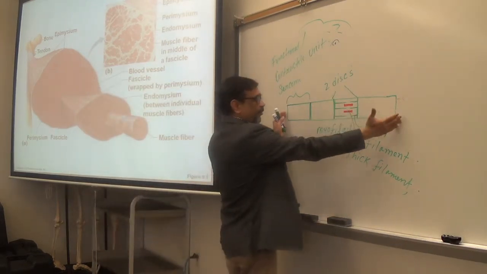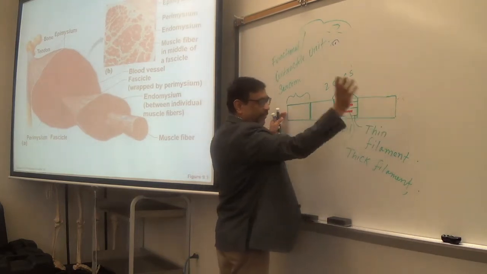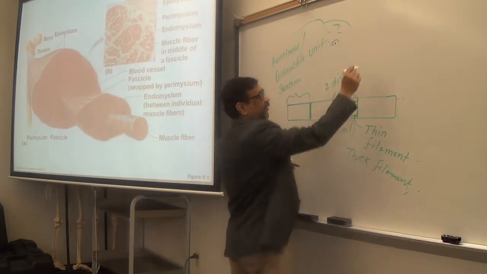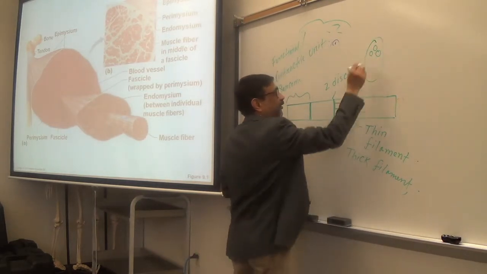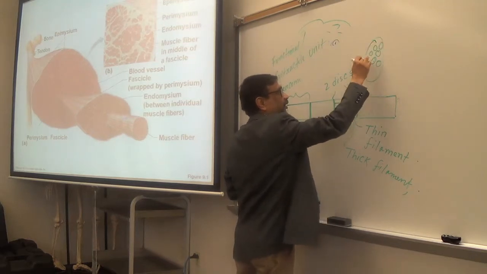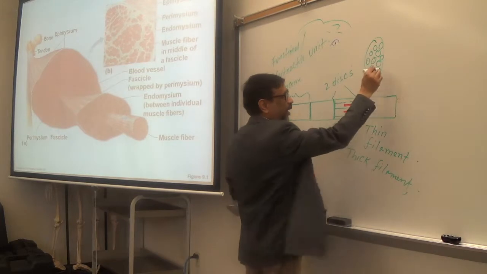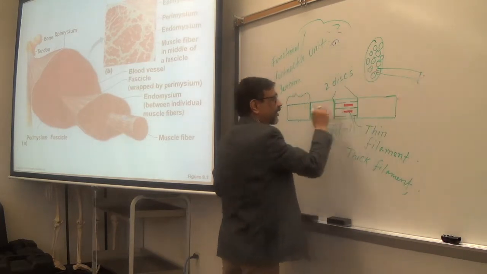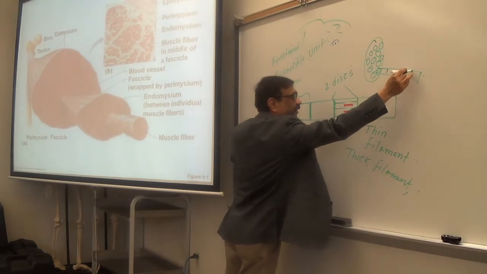This is a myofibril, that thin rod-like filament inside the muscle fiber. There are many. This is a muscle fiber, and inside you have many thin rod-like structures or filaments. These are called myofibrils. If I take one myofibril out and see under the microscope, I see many segments like this.